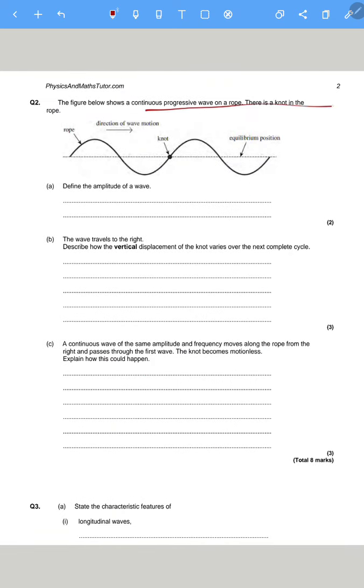The figure shows the wave. Define the amplitude: maximum displacement from the point of equilibrium. The wave travels to the right. Explain how the vertical displacement of the knot varies over the next complete cycle. So this will go down and up.